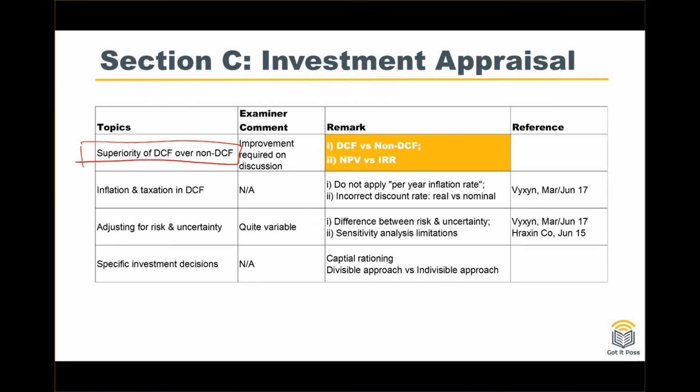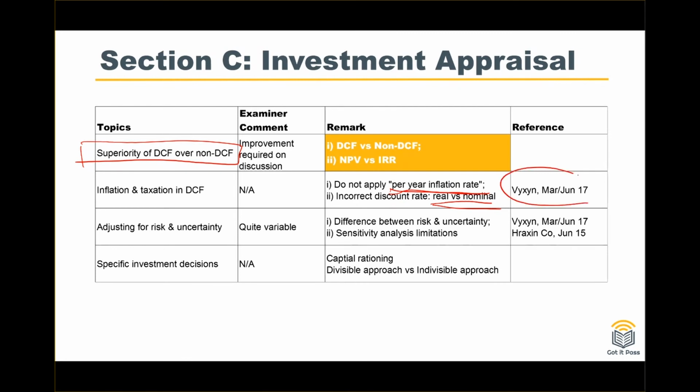The examiner wants the candidates to improve this area, the discussion about DCF versus non-DCF, also the NPV approach versus the IRR approach. For the inflation and taxation in DCF, the problem is the per year inflation rate, and also an incorrect discount rate in real versus nominal terms.